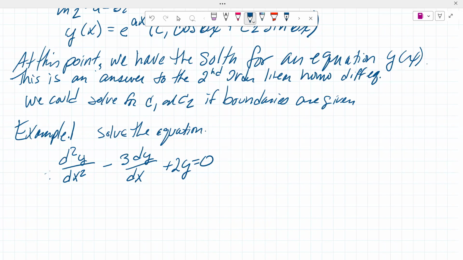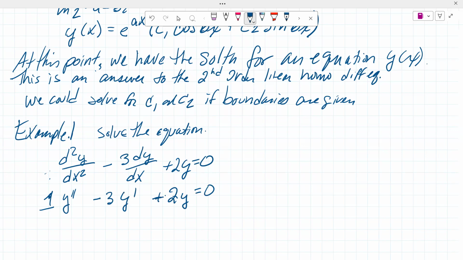Great. Next thing we need to do is find our P and Q by inspection. So I'm actually going to just switch over to the Newton notation just to make this easier. y double prime. So I'm going to even write this out explicitly. 1y double prime minus 3y prime plus 2y equals 0. All right.